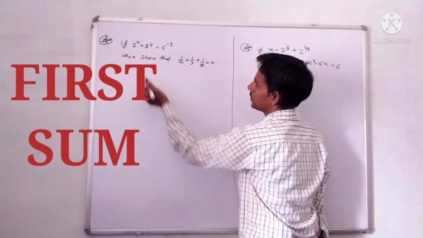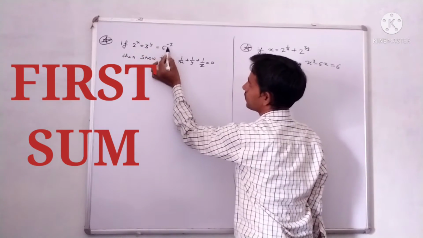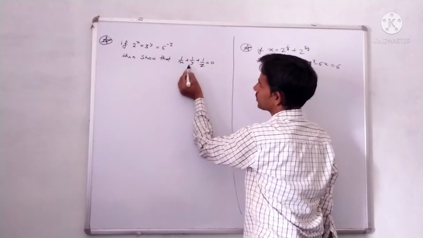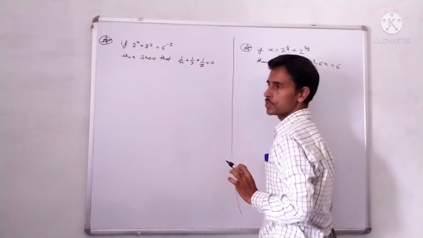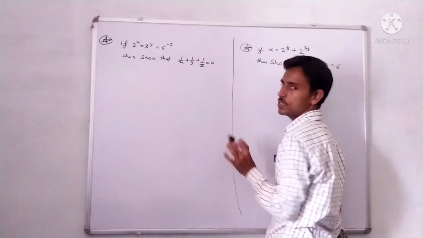In the first question we have given 2 power x equal 3 power y equal 6 power minus z, and we have to show 1 upon x plus 1 upon y plus 1 upon z equal 0. So here we can solve this question like this.